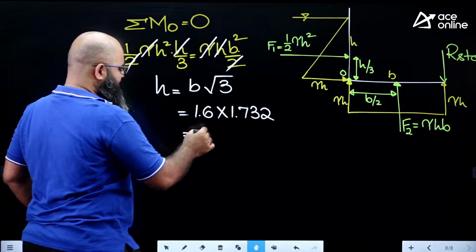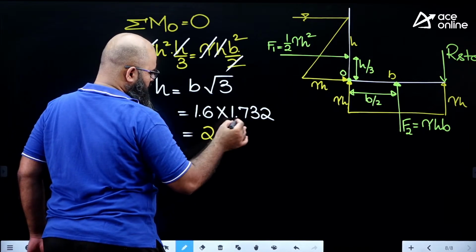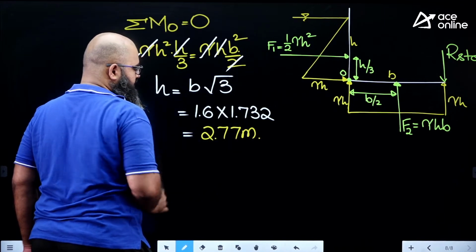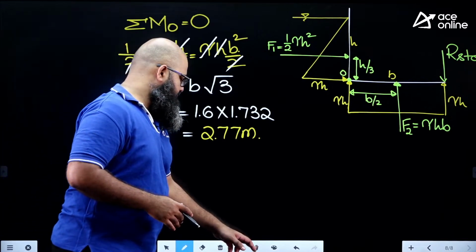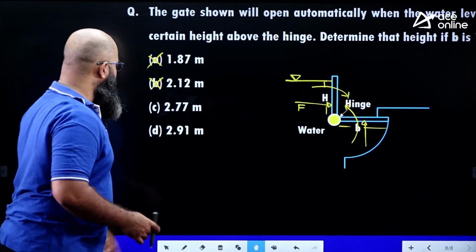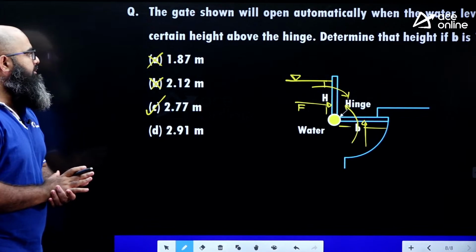Therefore, the answer in this particular case is 2.77 meter. The answer over here has to be 2.77 meter.